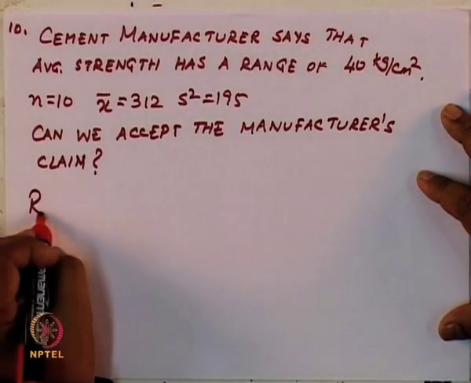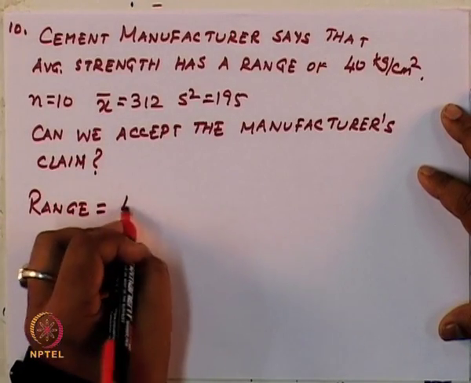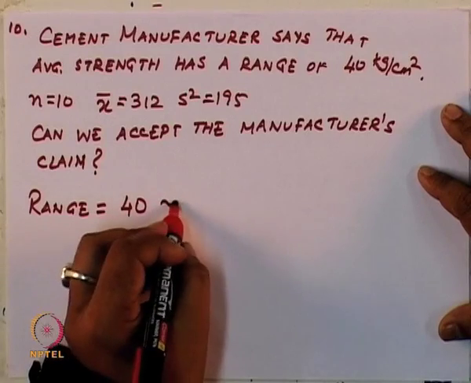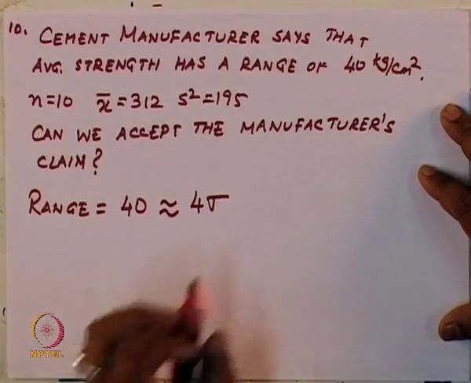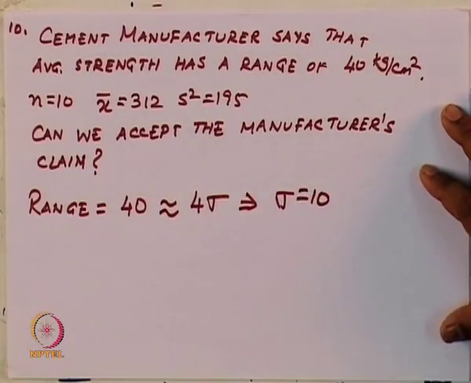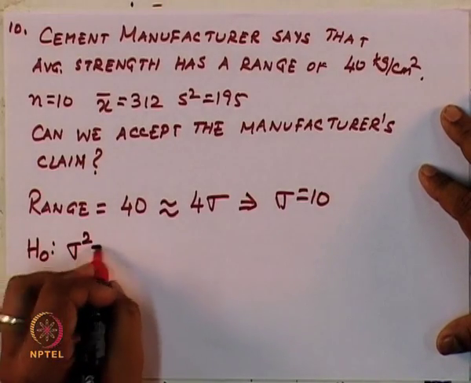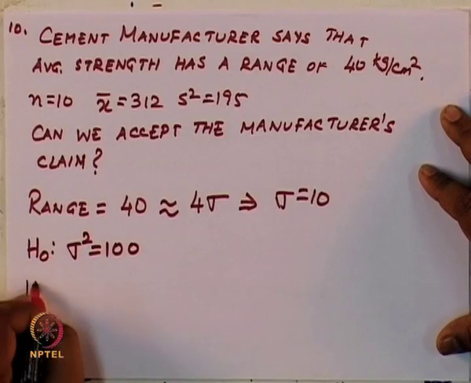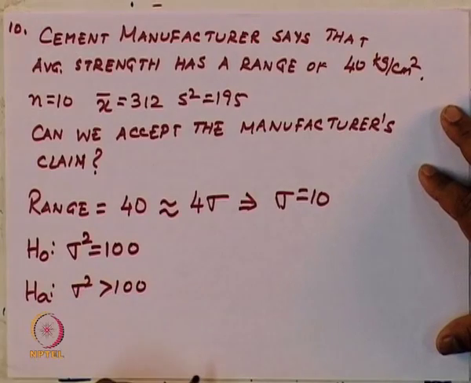So, what you are given is the range is 40, and you can use the approximation range is approximately equal to 4 times sigma. So, this gives you sigma is equal to 10. So, your null hypothesis is sigma square equal to 100, and your alternate hypothesis is sigma square, let us say, greater than 100.